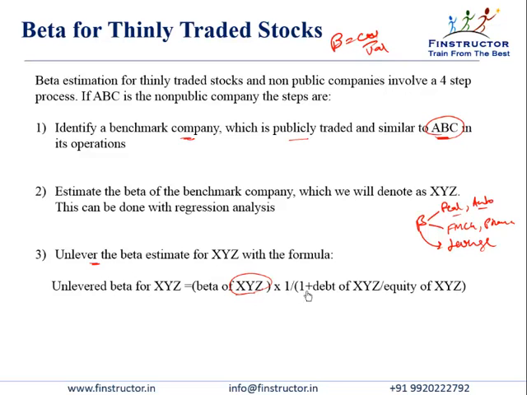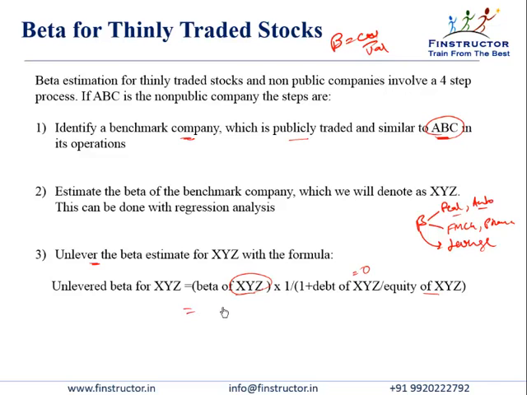Unlevered means multiply by 1 upon 1 plus the debt of XYZ upon the equity of XYZ. If the debt was anyways 0, this number would have been the same. Please note, the unlevered beta would normally be lower because you're taking away the risk of leverage.